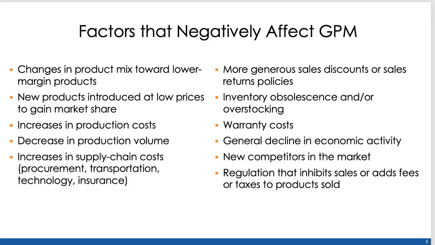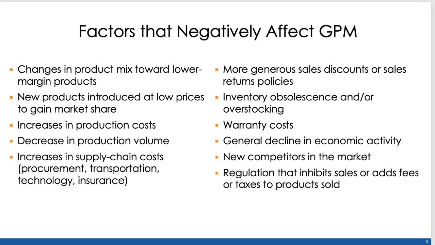You can see some of the reasons why GPM might be negatively affected. This list on this slide, of course, is not intended to be comprehensive. These are just some of the things that can make a huge dent in your GPM. Let's go over some of them. Changes in your product mix toward lower margin products. New products introduced at low prices to gain market share.